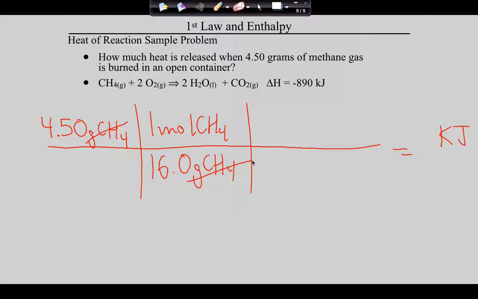And that is helpful to us because we've been given a thermochemical equation. And what we then know is this. For every mole of CH4 that we burn, how much energy comes out? So 890 kilojoules. And guys, I know that some of you said negative.